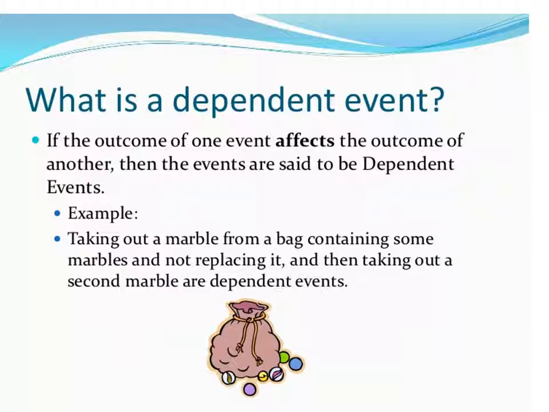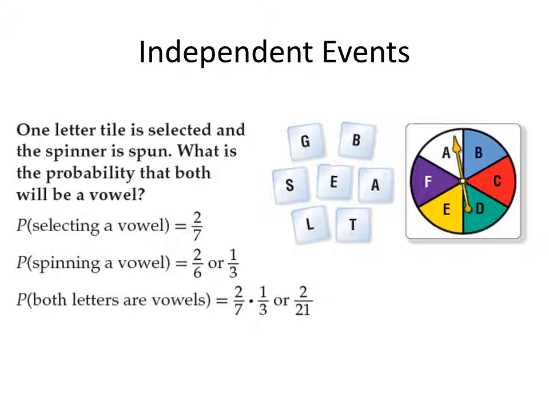Dependent events are when what happens on the first thing you do, that outcome affects the probabilities in the second event you're going to do. And we'll talk about that.